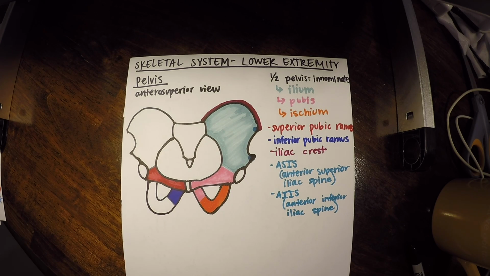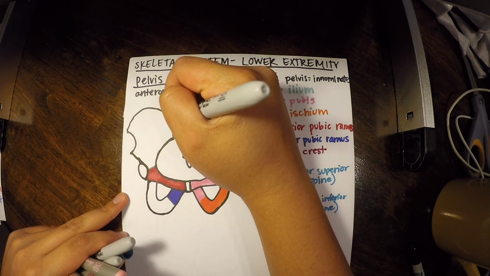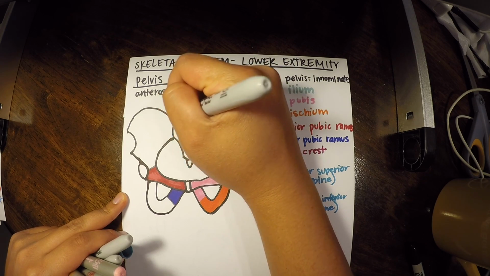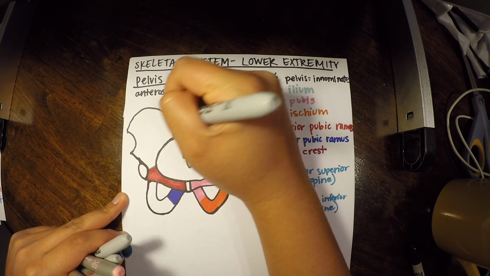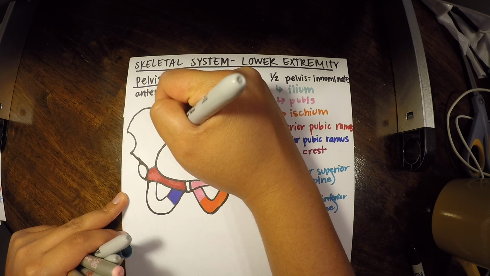Now, we also have a sacrum. So our sacrum is this structure right here. Remember, we talked about it as being right in the center.